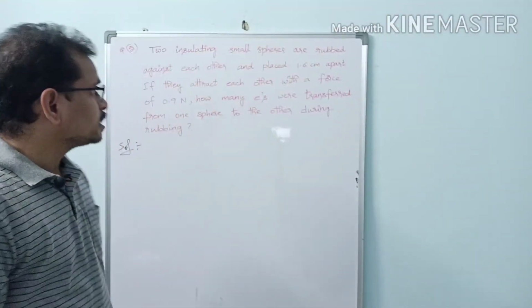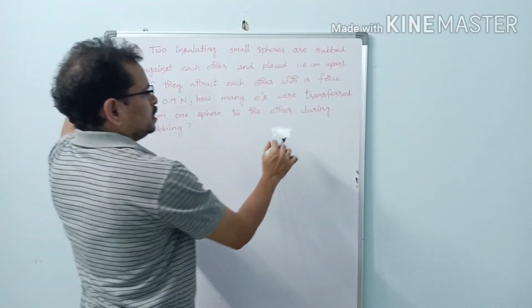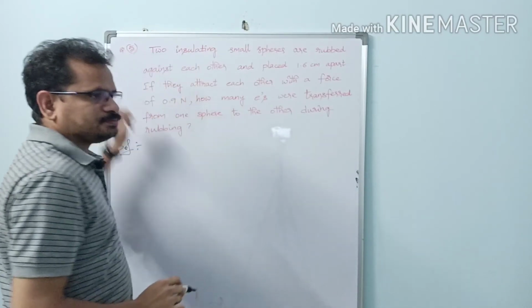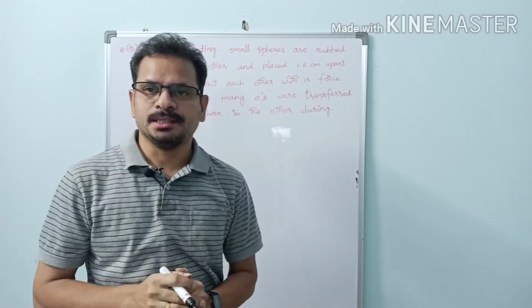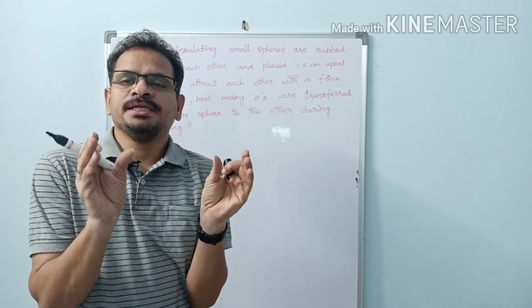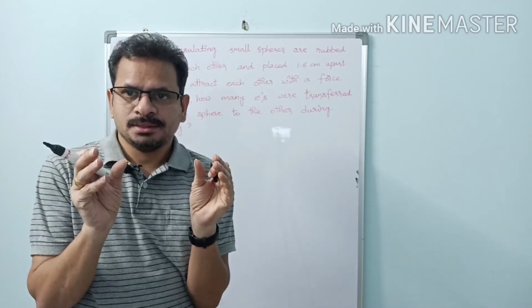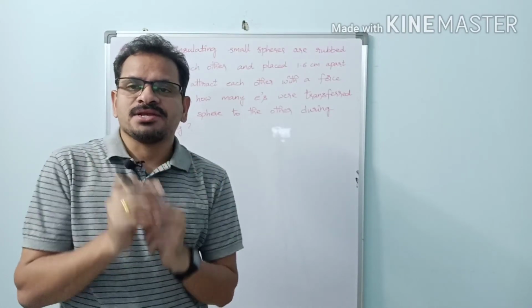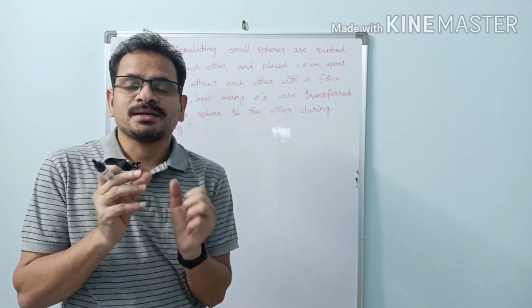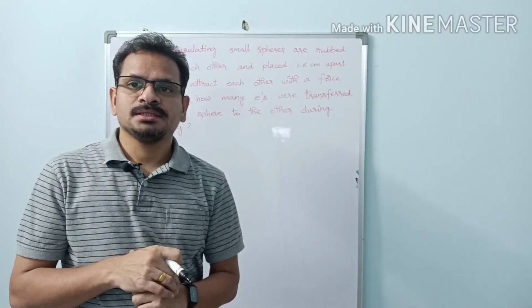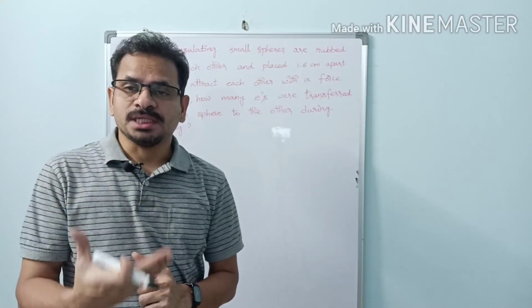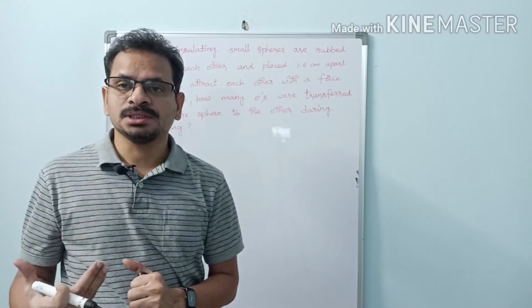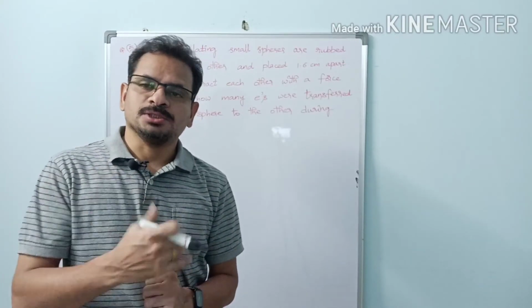Okay guys, see here, actually there are two spheres. Initially they are neutral. Now what happens? They are rubbed against each other. When two spheres are rubbed against each other, there will be transfer of electrons from one sphere to the other sphere.